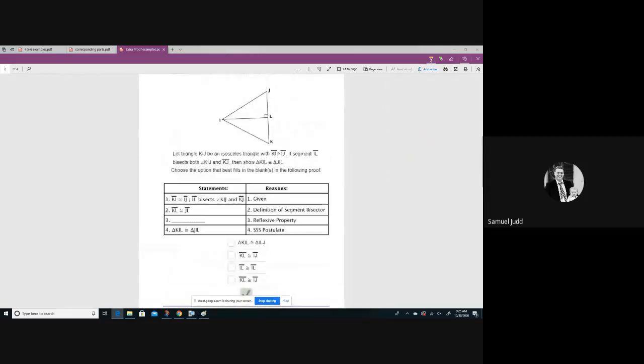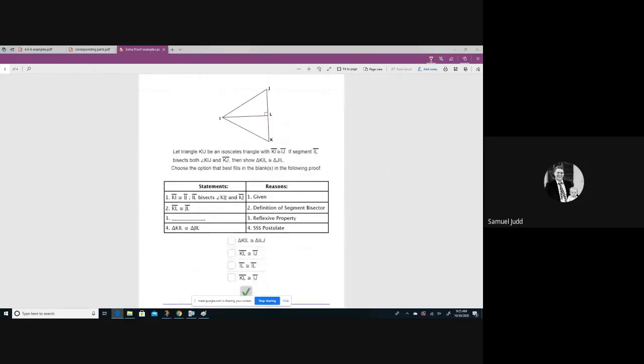Let's go ahead and solve this guy. Let the triangle KIJ be isosceles. Ooh, we're going to probably use that. Remember, isosceles means you have at least two congruent sides. And with KI and IJ being congruent, oh, so we have those two congruent sides.